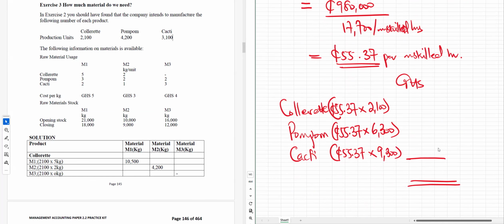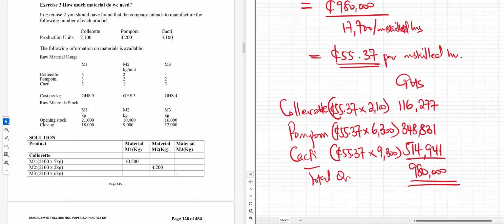So we've got the overhead budget for each of the products. The totals: 116,277. Okay, then the next one, 348,831. Then the next one, 514,941. When we put all together, we should get back 980,000, which is our total overheads budget.